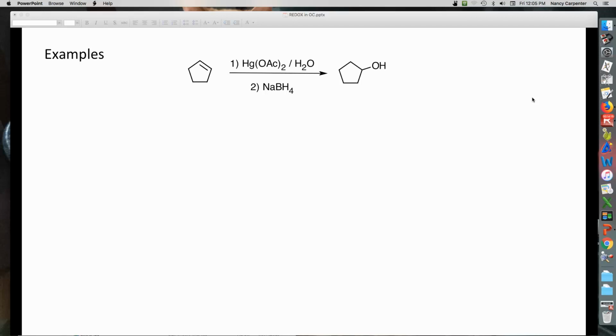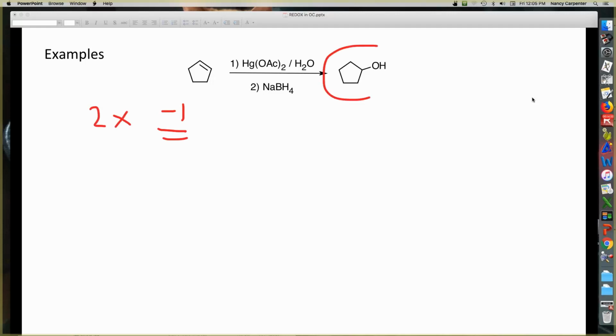Alright, last example here. Let's look at an oxymercuration. Is this an oxidation or a reduction? Well, if you just look at the reagents, you might be led astray. So let's figure it out. -1 on the left. And what's going on here?